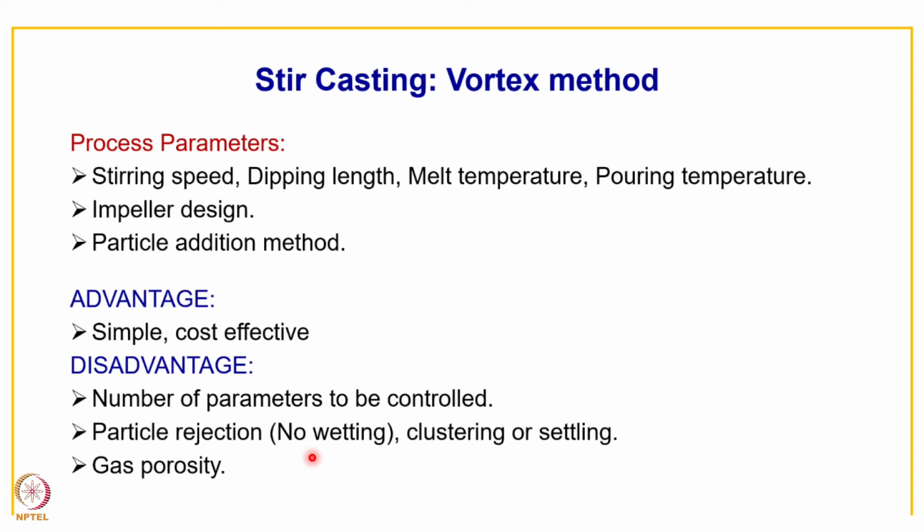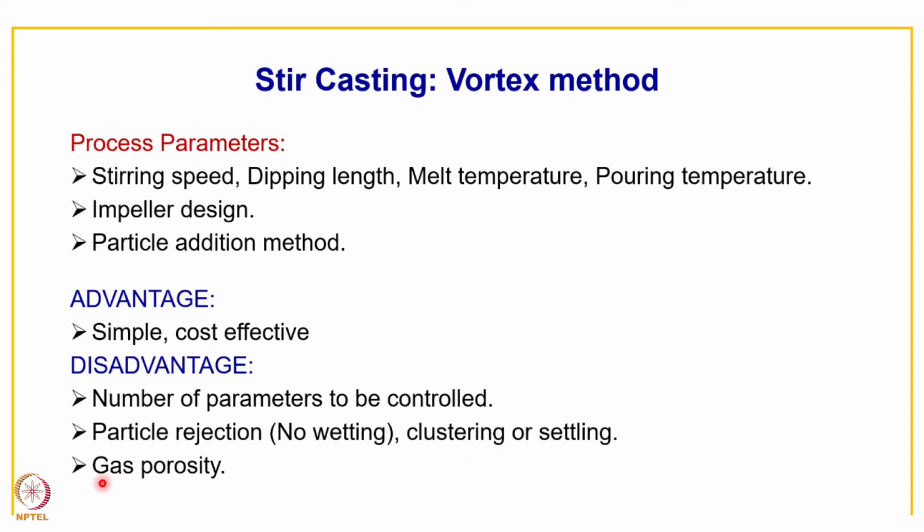And apart from that, the clustering of the particles is also a problem in this particular technique. This again depends on how well you control the process parameters. So for uniform dispersion of particles or to prevent the clustering of the particles, the process has to be controlled carefully.